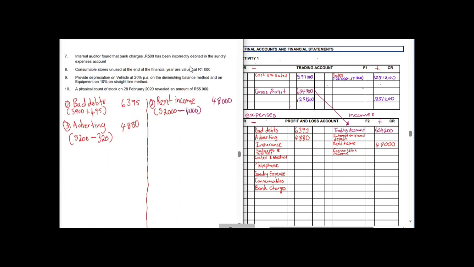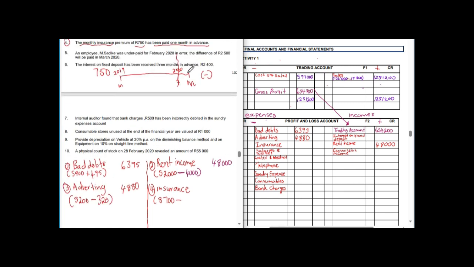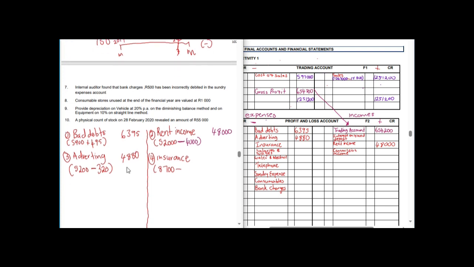And then we can write number 4, insurance, and the opening amount is 8,700, and then our sign, which is subtraction, minus 750 rand.